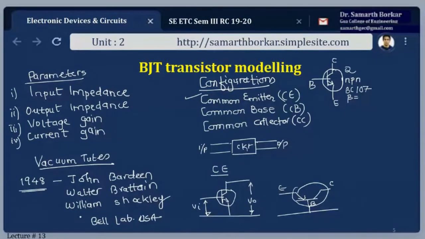Earlier we used to have bulky circuits. Because of these transistors, the size of the entire equipment got reduced. And for this contribution of theirs, one of the biggest contributions as far as electronics is concerned, the transistors, they were awarded a Nobel Prize.